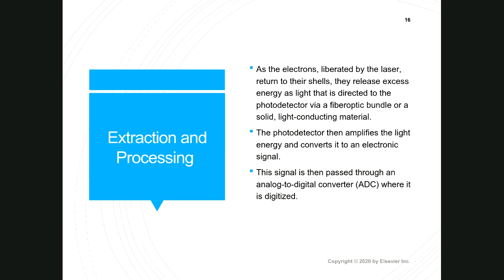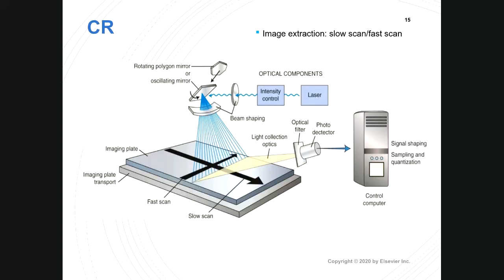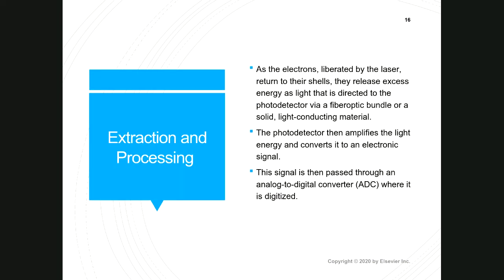From that point, the photodetector amplifies the light and converts it to an electronic signal, and it passes through the analog to digital converter. So it takes that signal and digitizes that latent image that you took. This is how it's extracted.